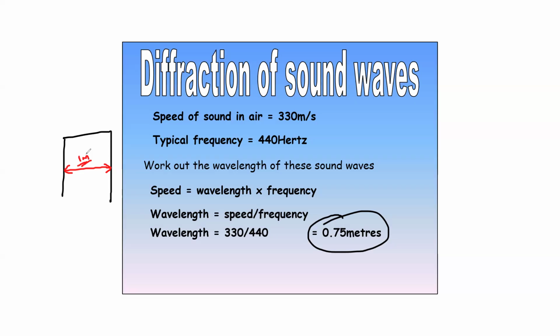So what is the purpose of this? If this is a top view, here is a door. If a person is standing at position A and calling a person at position B, a typical wavelength is 0.75 meters, and this wavelength matches the door gap.